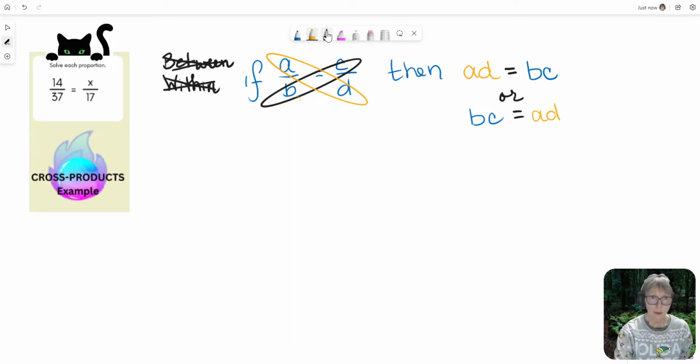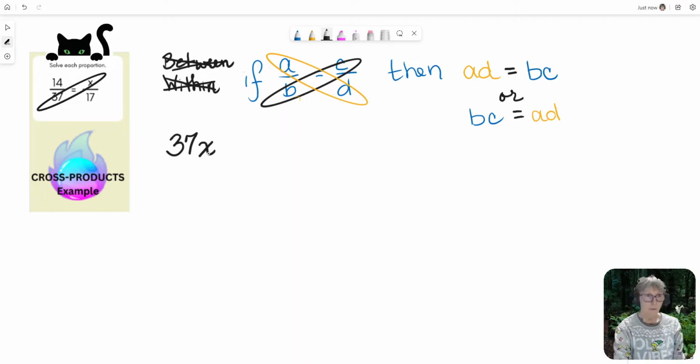So for this one we're going to do right now, we're going to do BC first because it's got the variable in it. And you guys tend to like having the variable on the left. So that's 37 times x, which is 37x. Now for the other two, which would have been AD in the algebraic example.